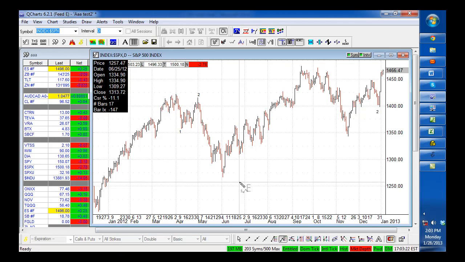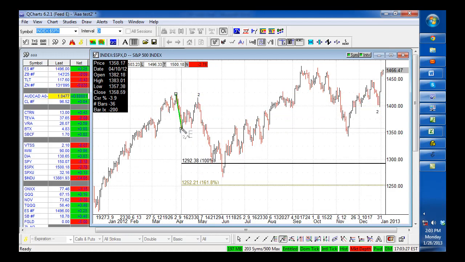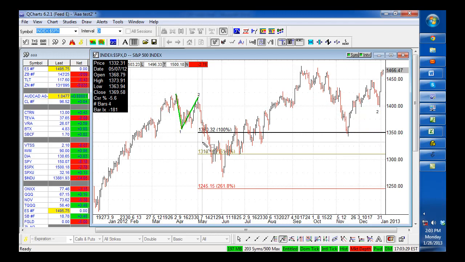One of the things I find is that prices go past that 100% point quite a bit, and if they spend enough time past it, and here they did, they'll go past the 161% point. Okay, that's something else you need to know.